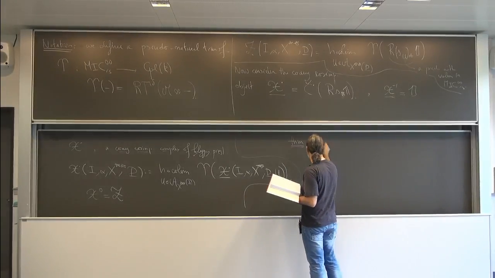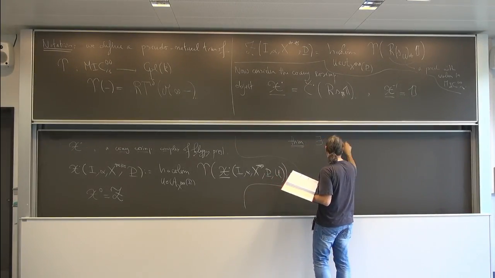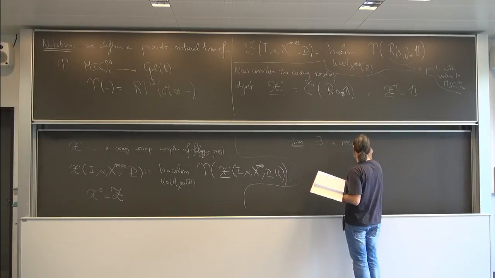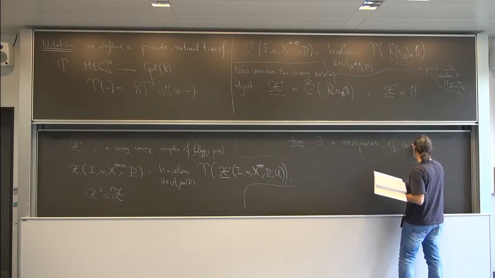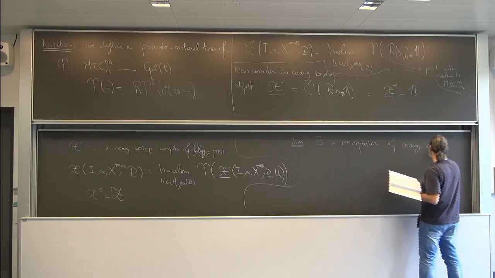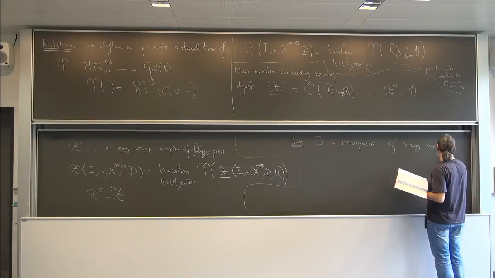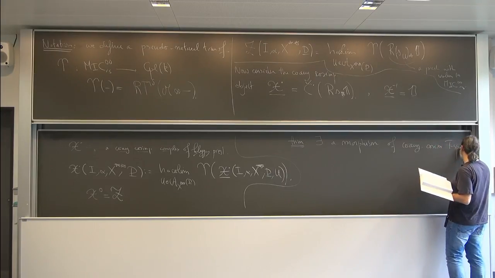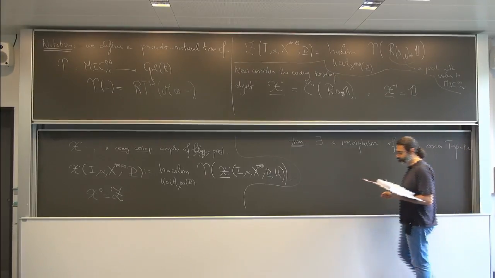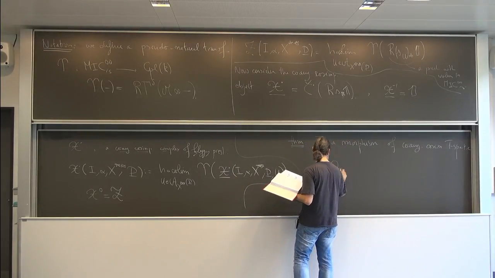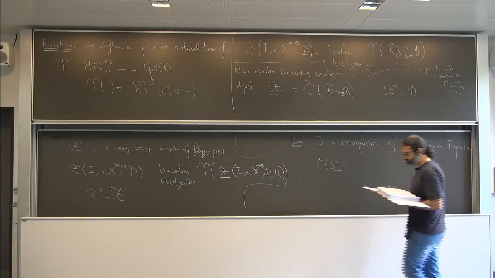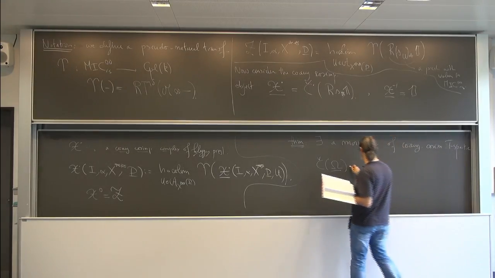So there exists a morphism of co-augmented cosimplicial T spectra between the thing that we are interested in, the Church on omega, and the following thing.